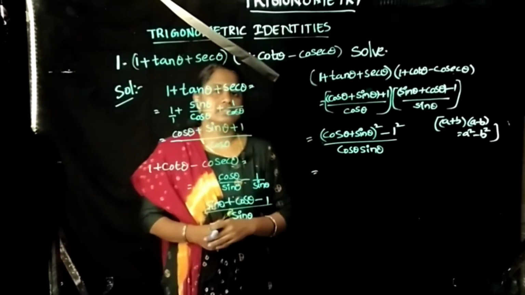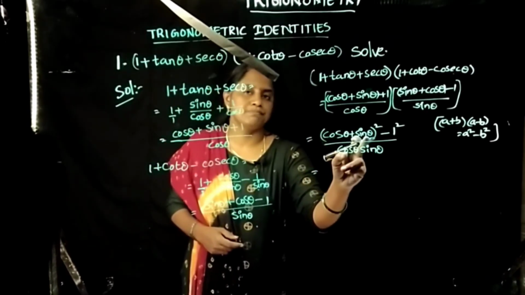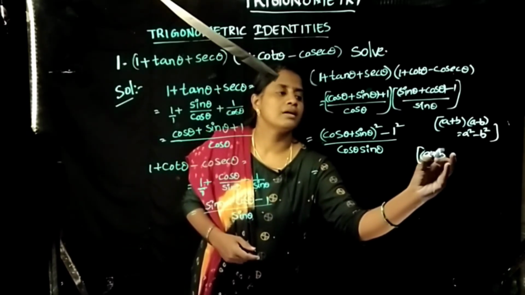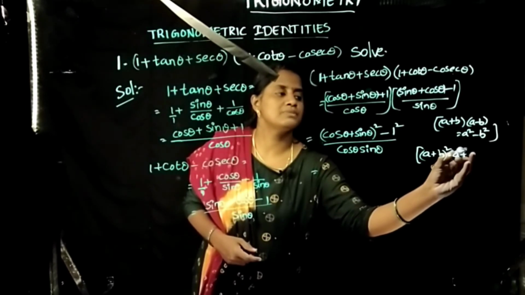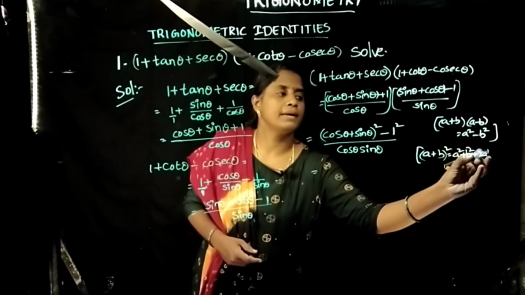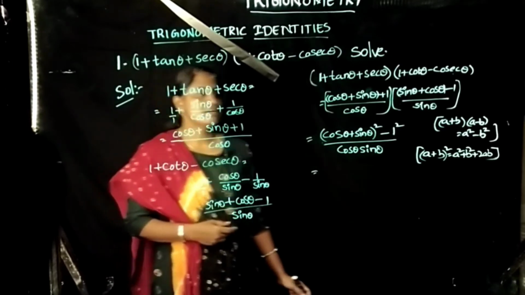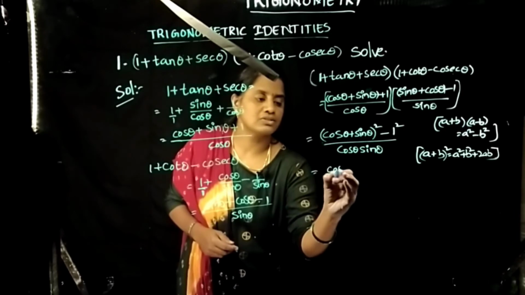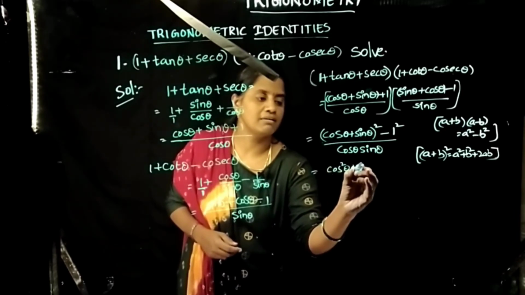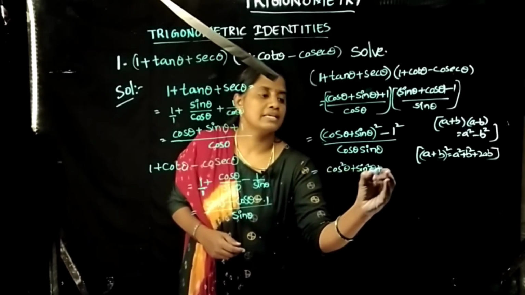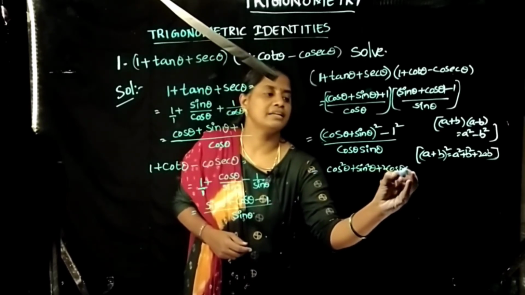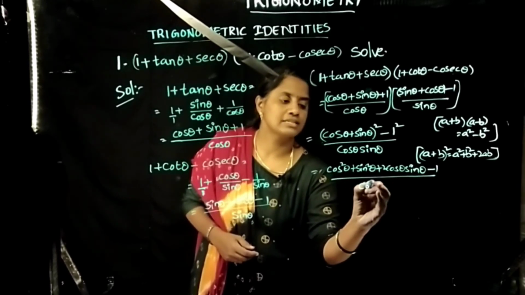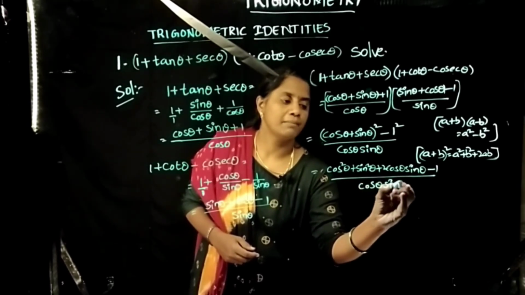Here another identity we are taking: A plus B whole square. What is A plus B whole square? It is A square plus B square plus 2AB. It is the other identity. Using this identity we write cos square theta plus sin square theta plus 2 cos theta sin theta minus 1 by cos theta sin theta.